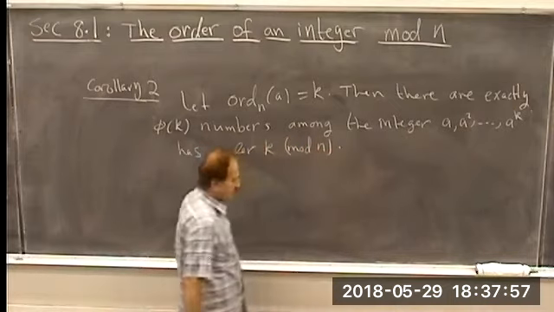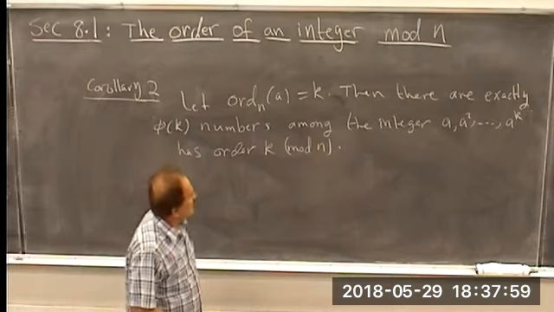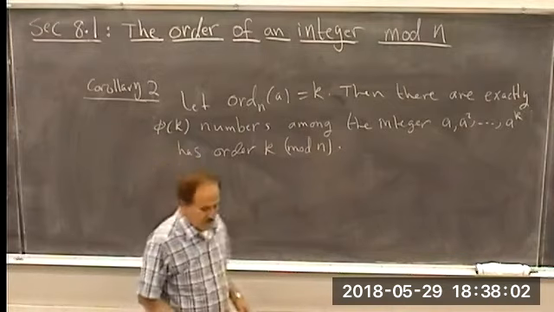Of course, the last one is not, because it's going to be equal to 1 mod n, unless a is also 1.